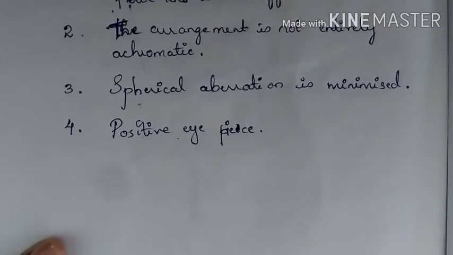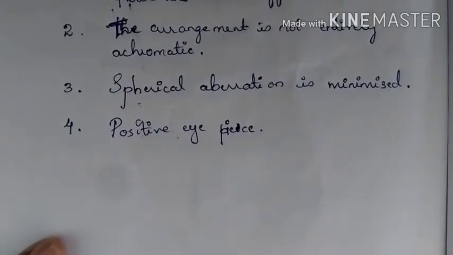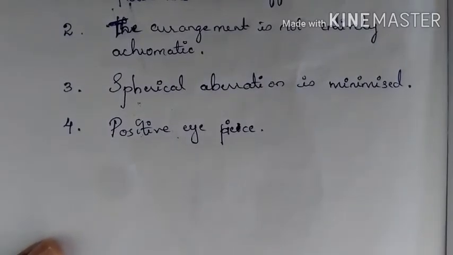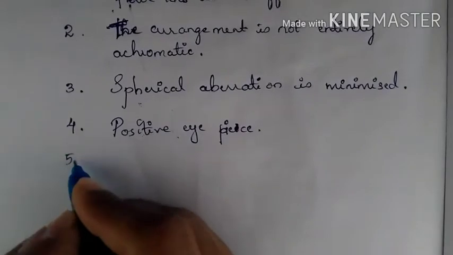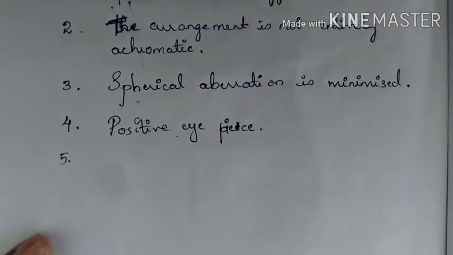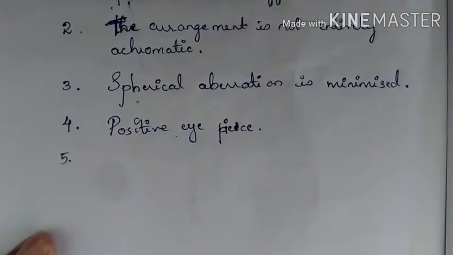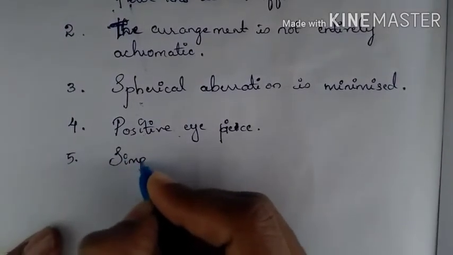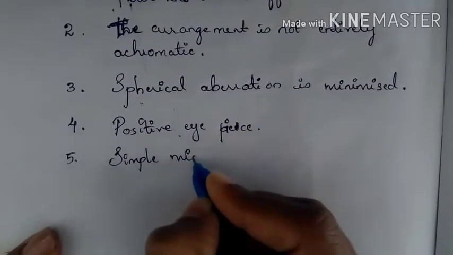So Ramsden's eyepiece is a positive eyepiece, and you can use it in all optical instruments. Next, it can be used as a simple microscope because the first focal plane lies to the left of the field lens and it is real. So Ramsden's eyepiece can also be used as a simple microscope.